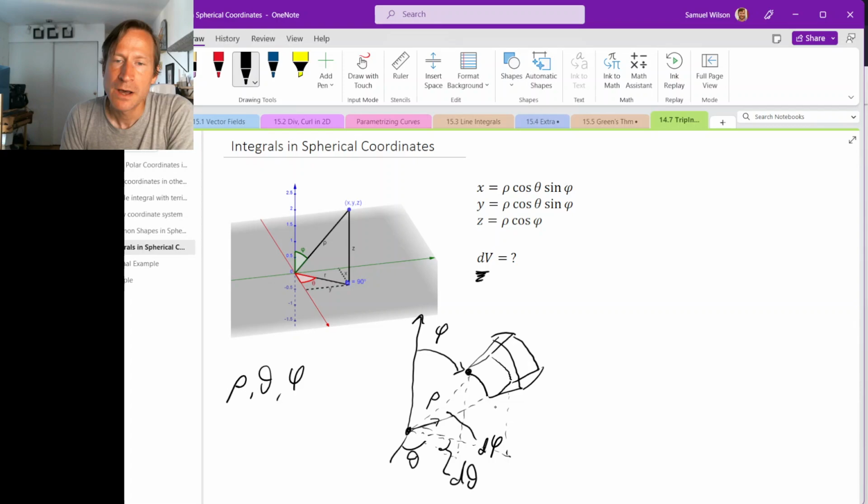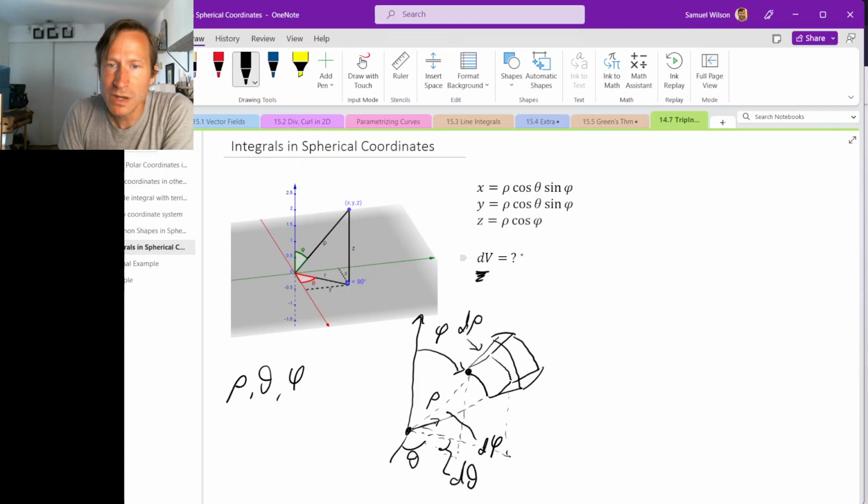The volume of this box is dV, but we need to express this volume in terms of d rho, which I didn't write. d rho is this distance right here, d theta, and d phi.